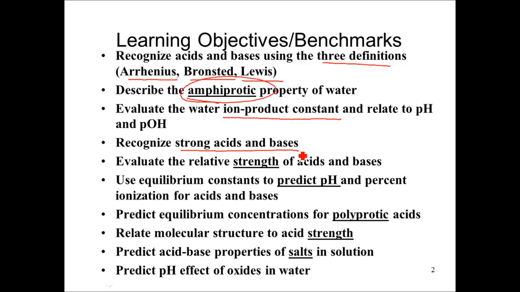We're going to evaluate the relative strength of acids and bases. We're going to use equilibrium constants to predict pH and percent ionization for our acids and bases. We're going to predict equilibrium concentration for polyprotic acids, relate molecular structure to acid strength, predict acid-base properties of salts, and predict the pH effect of oxides in water.